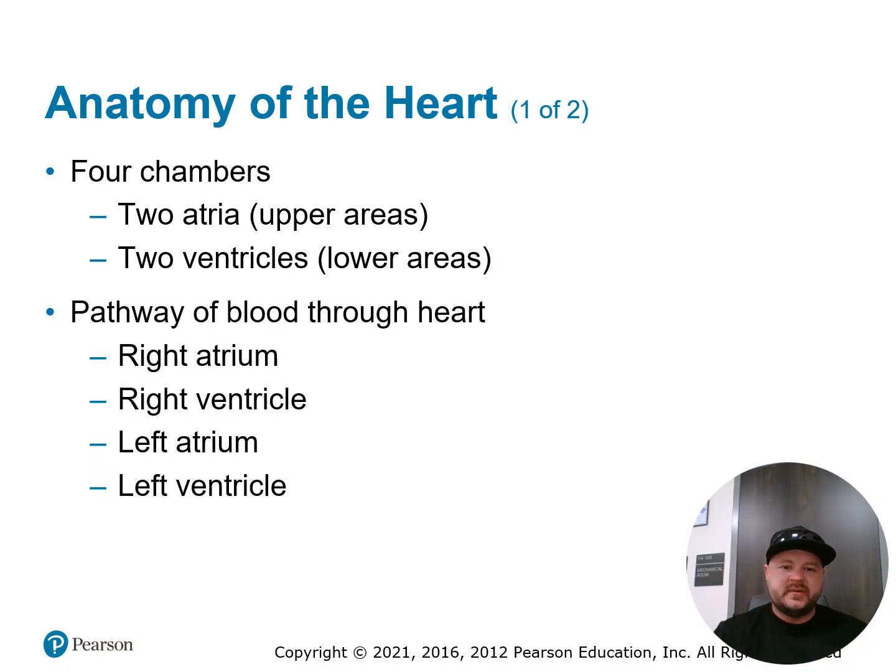When we're talking about one, the right or the left atrium, we're calling it an atrium. So the pathway of blood through the heart is that it enters through the right atrium and then goes into the right ventricle, and then to the left atrium to the left ventricle. There's more than that we'll discuss in class, but that is where it goes just in the heart.